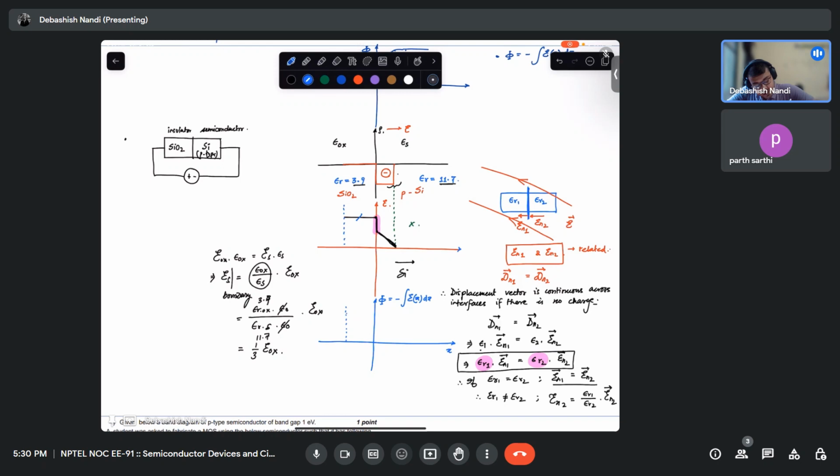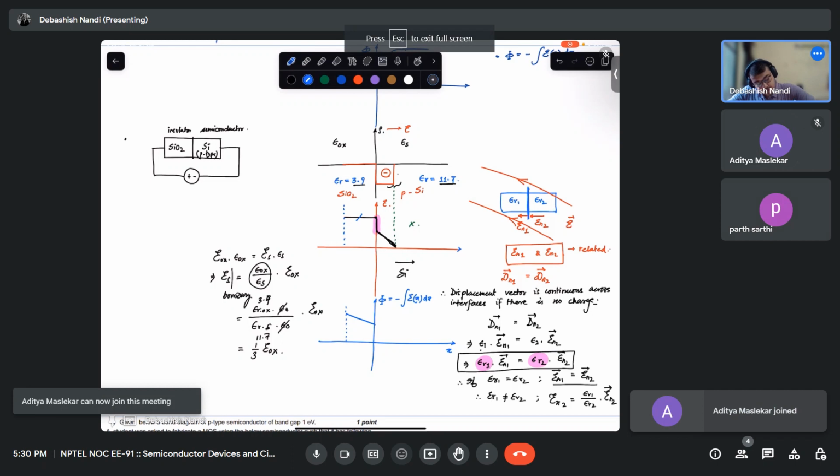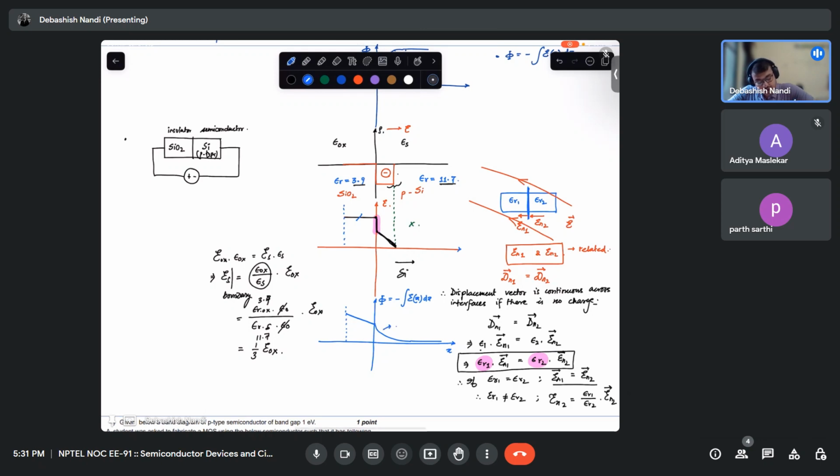So this fellow will be a straight line, and this will be your quadratic, and this will be your linear, right?